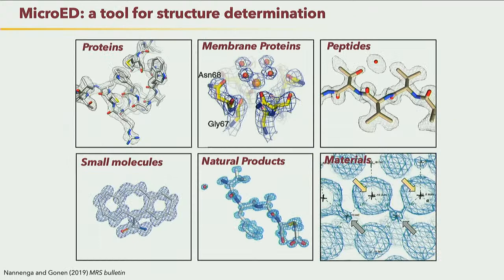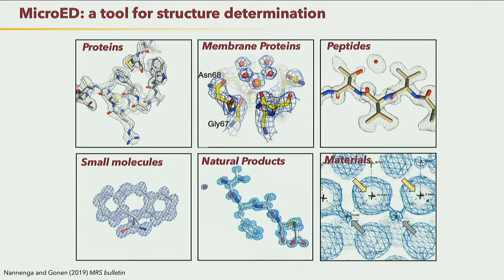Okay, so in the remaining time here, I want to talk a little bit about small molecule work, because I know there's some people interested in small molecules, and if you're a crystallographer, you should really know how small molecule crystallography works as well. So MicroED can actually be used for a lot of samples. I mean, we initially developed it for protein work, but now we're doing a lot of other samples, because in the end, crystals are crystals and diffraction's diffraction.